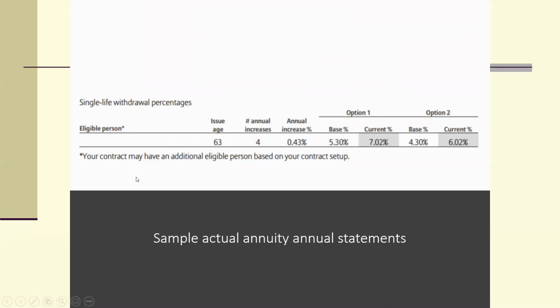So this particular person earned a contract. They started out at age 63, and in the 4 years that they've owned this contract, they have seen the payout percentage increase, so that depending on the option they choose for income, this is actually an income option that allows their income amount to increase every year for the rest of their life, or they can take a higher flat payout.